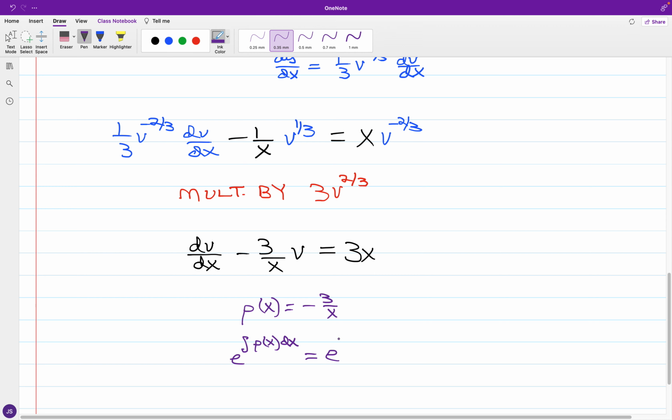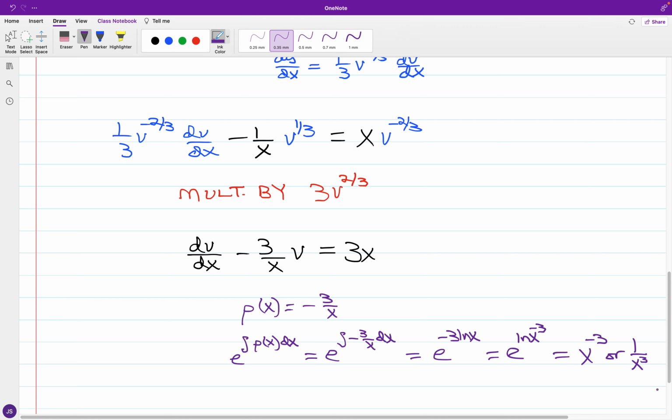So that's going to be e to the integral of negative 3 over x dx, which is e to the negative 3 times the natural logarithm of x. And you have e to the natural logarithm of x to the negative 3. And by then you can say that we're going to have the reciprocal of x cubed for that integrating factor.